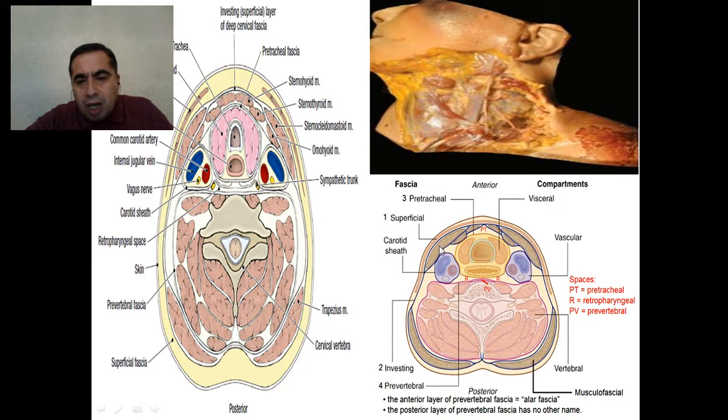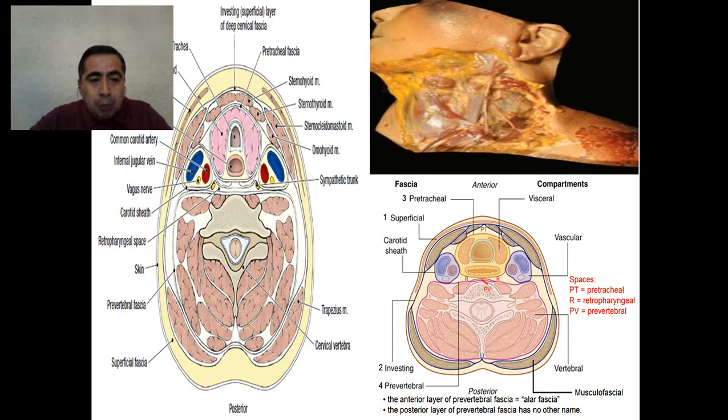Here the carotid sheath, right and left, and the visceral plate of the cervical fascia for the visceral organs of the neck region, like the larynx, like the trachea, of course the cervical part of the trachea, the esophagus for the cervical portion, for the thyroid gland, and so on.